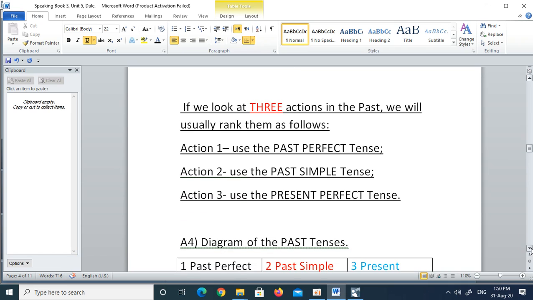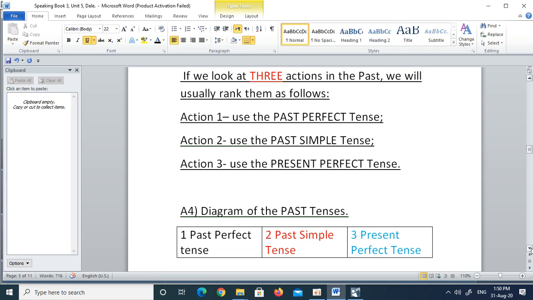Now, if we look at 3 actions in the past, we will usually rank them as follows. Action number 1, the first action. We will use the past perfect tense for that. For action number 2, the thing that happened next, we will use the past simple tense.